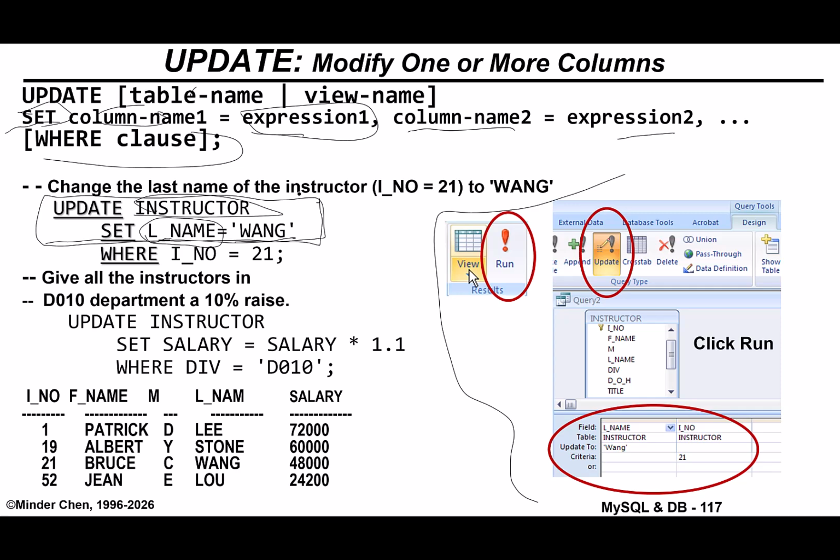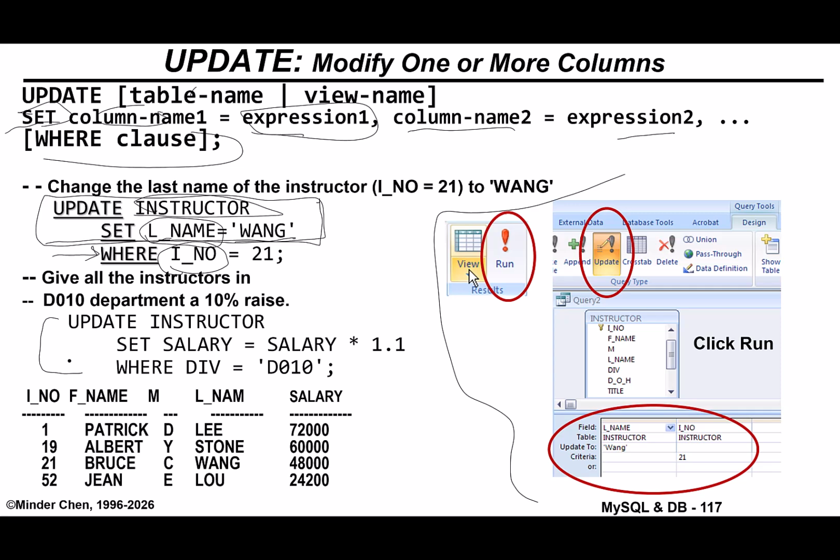And therefore, it's very common you will see a where clause, which tries to pinpoint that particular instructor whose last name you want to change. In this case, which is instructor 21. Okay, I want to change instructor 21's last name to Wayne. Okay, and let's look at this example here.